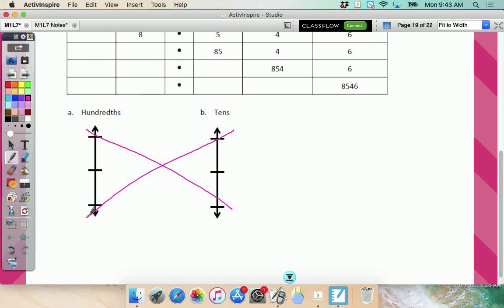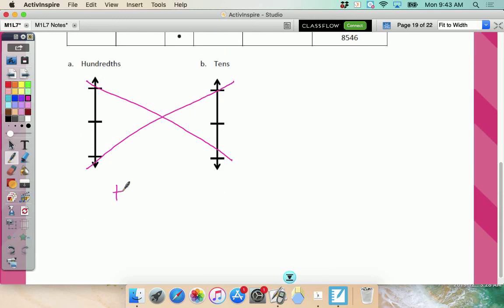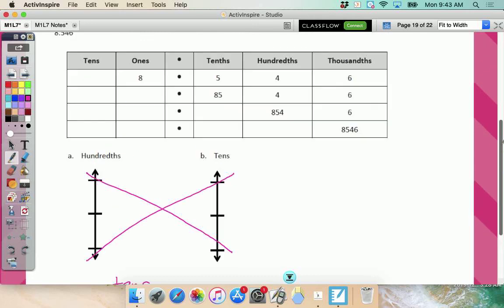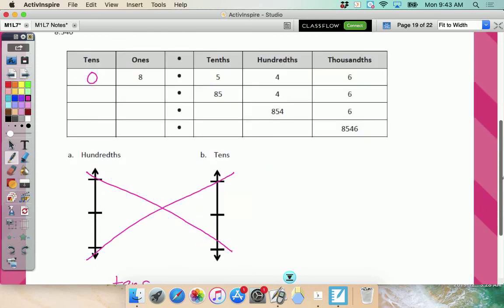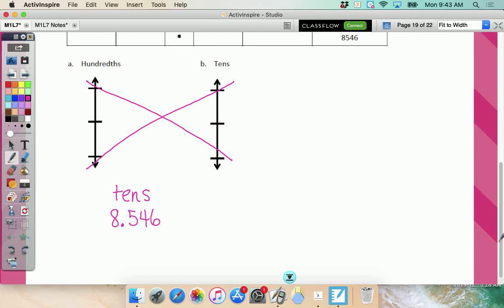It's tens. So when I do 8.546, let's make sure you've got the tens place in mind. So I'm going to go back up there because I think I need to add a digit to the tens place, don't I? What digit do I need to add? A 0. So watch, boys and girls. So here I'll need to put a 0 there if I want to get it right.